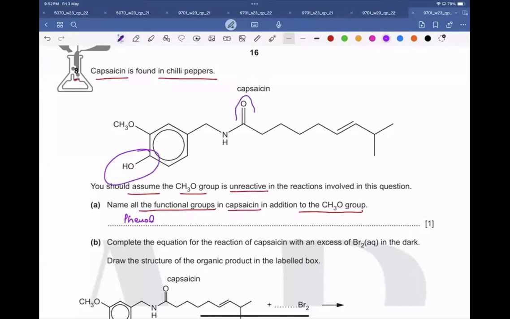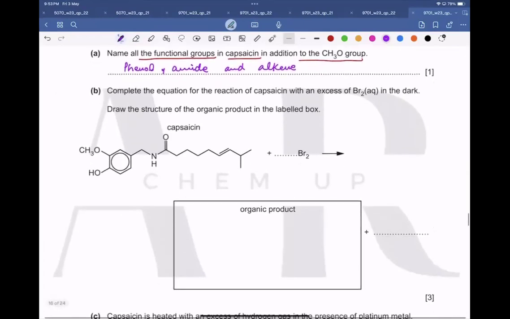Then C double bond O is bonded to NH, amide, and then C double bond C is an alkene. Is this clear? If any one of you has any confusion, you can ask.